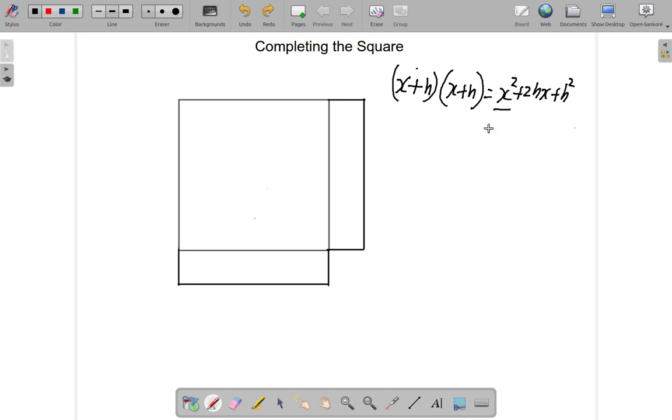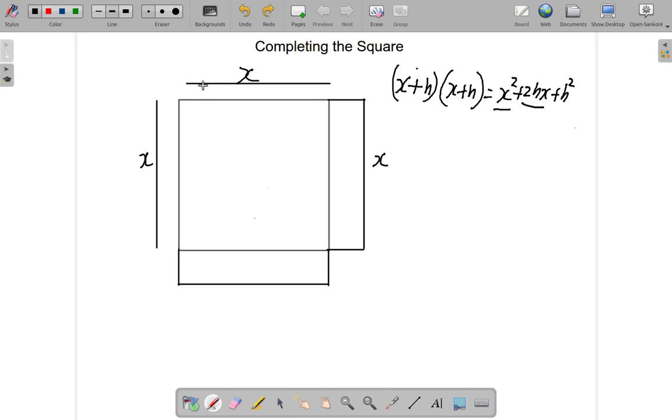Now let's concentrate on this. This x squared is the area of the square that you have inside here. So the height here and the width are both x and x. Now let's concentrate on this part here. The height x is the same as this height x.